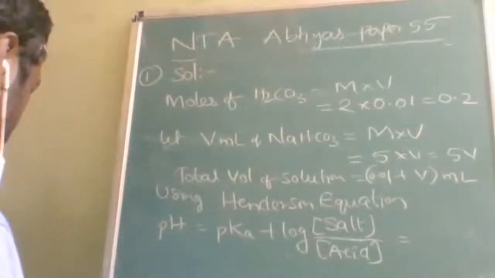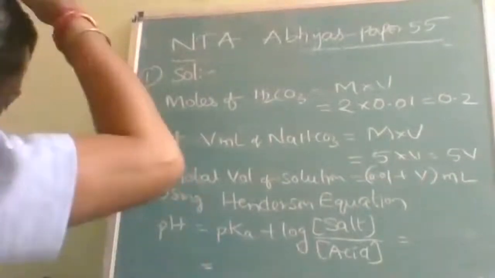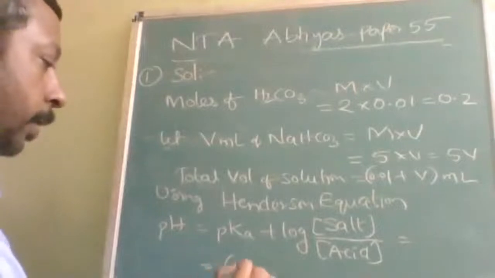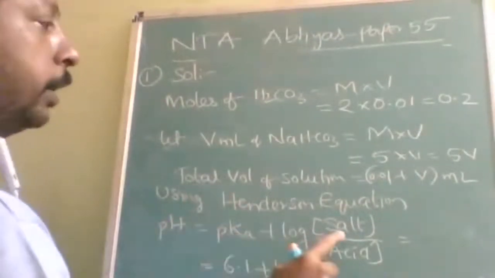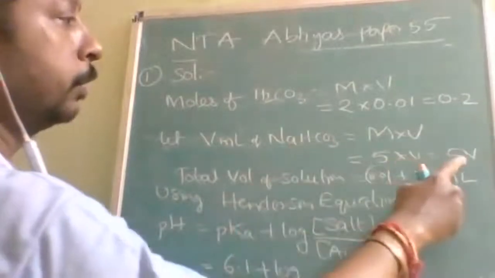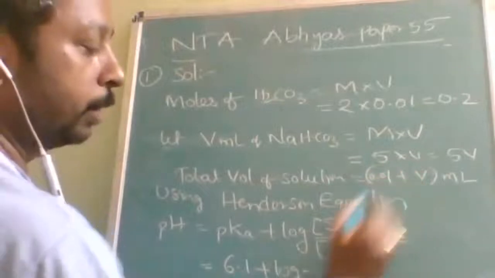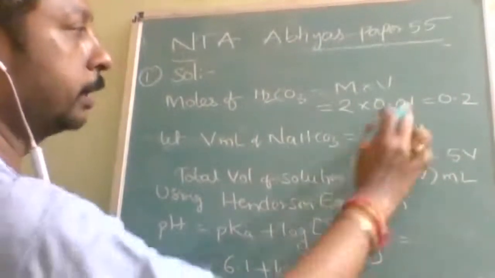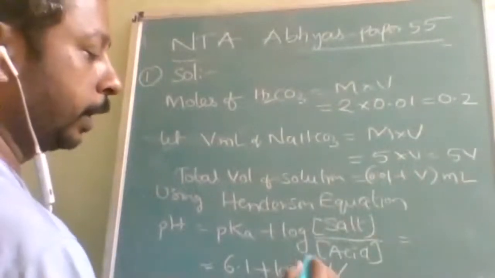The pK is already given in the question as 6.1, plus log of the concentration of salt, which is 5V divided by the total volume. Again, the acid will be 0.2 divided by the total volume. So the total volume will get cancelled.